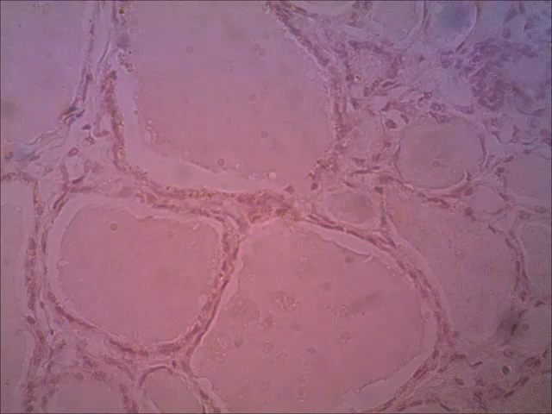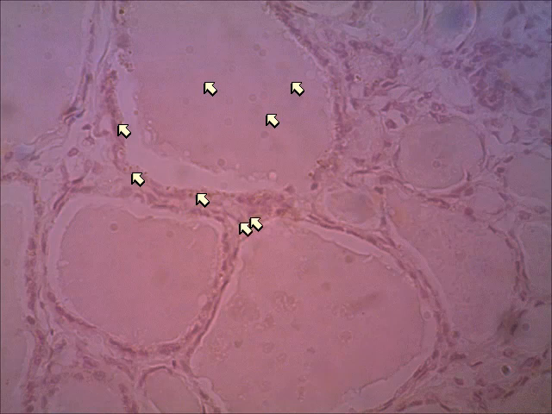Here it is on the high power magnification. I'm sorry this one's not quite in real sharp focus for you, but you can see the semi-liquid, solid colloidal material inside a follicle. You can see the follicular cells that surround the follicle. They produce hormones like thyroxine, and then your extrafollicular cells in between the follicles produce calcitonin, which affects your calcium levels in your blood.